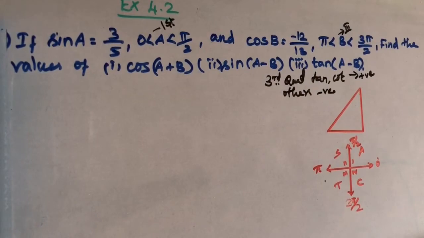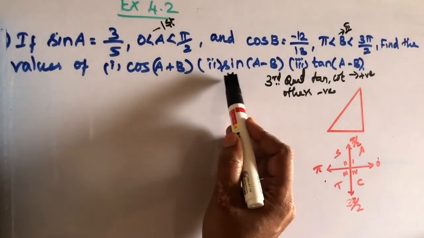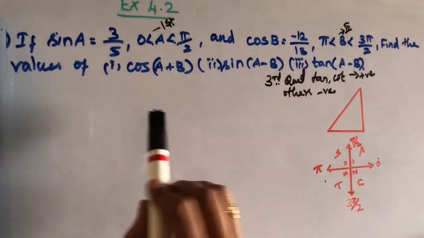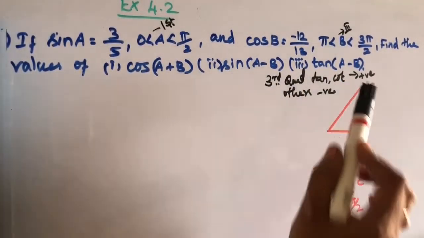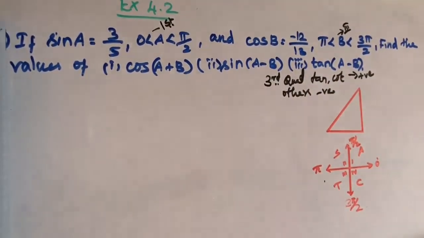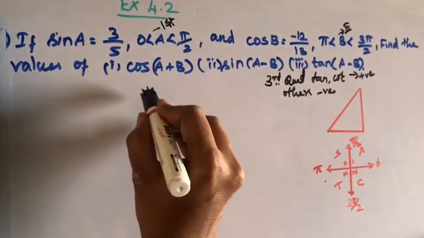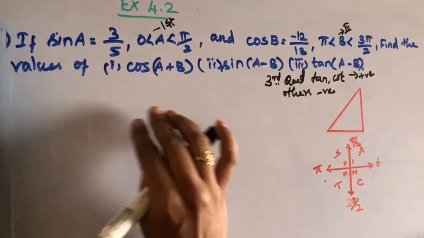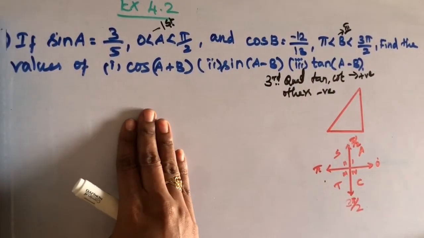Now sin A is given and cos B is given. We have to find the values of cos(A plus B). You know the identity for cos(A plus B), similarly for sin(A minus B) also. For example, for cos(A plus B), you need cos A, cos B and sin A, sin B. For all the four values you need.